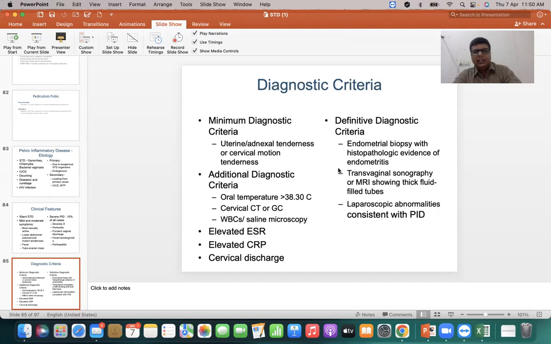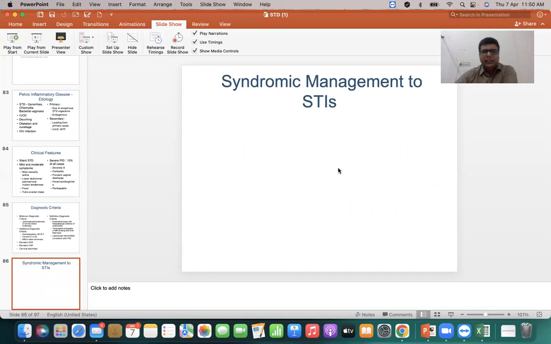Definitive diagnostic criteria are endometrial biopsy with histopathological evidence of endometritis, transvaginal sonography or MRI showing thick fluid-filled tubes, and laparoscopy abnormalities consistent with pelvic inflammatory disease.